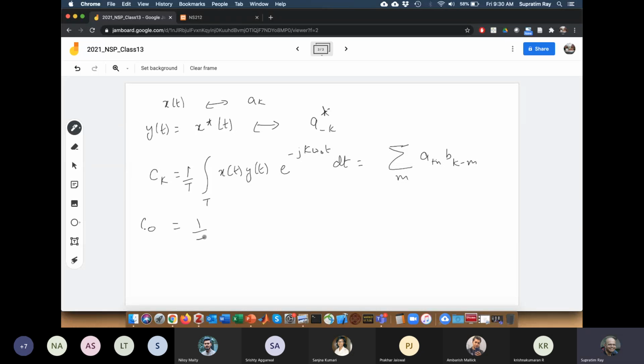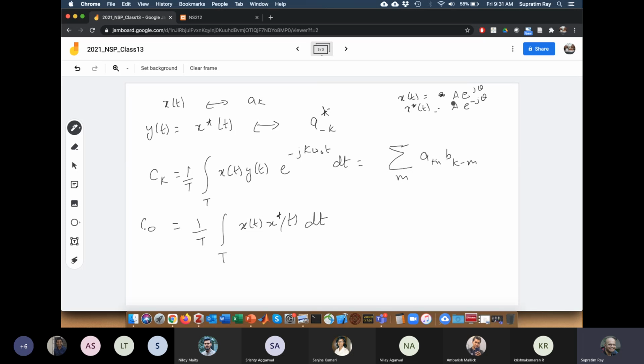So now I'm going to look at the zeroth coefficient. What is that? The zeroth coefficient is just this: x(t) multiplied by x star(t). Remember, x(t) is a e to the power j theta, and then x star(t) becomes a e to the power minus j theta.